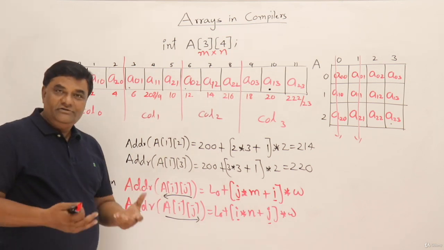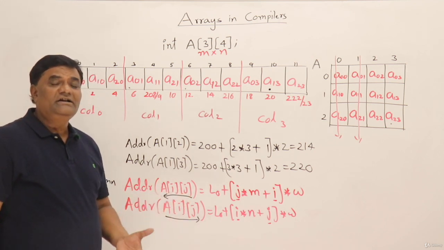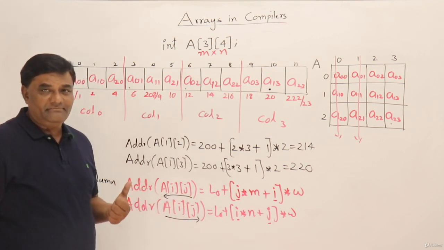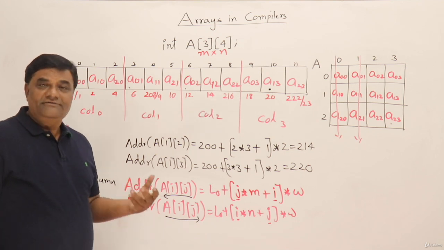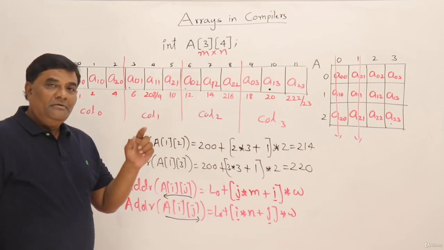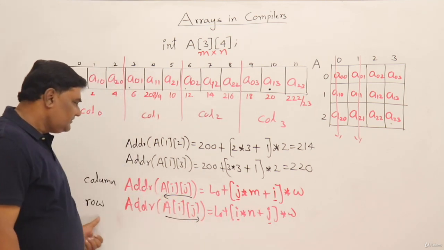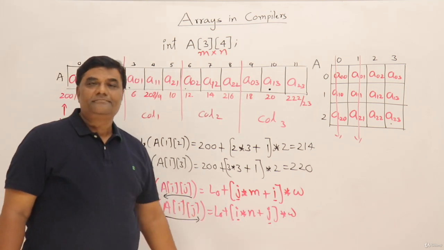So if you are designing your own compiler, then you have option to select any one. Both are equally efficient. There is no difference in them. We can't say one formula is better than another in any situation. But C++ follows row measure formula.